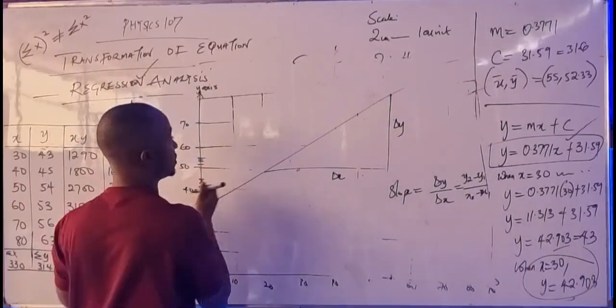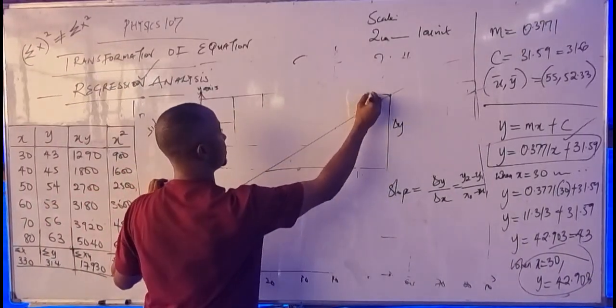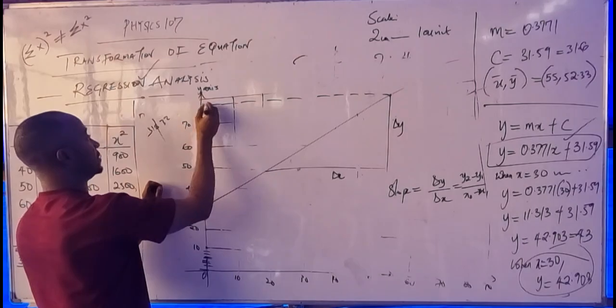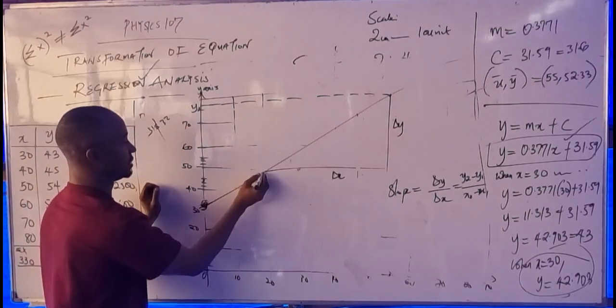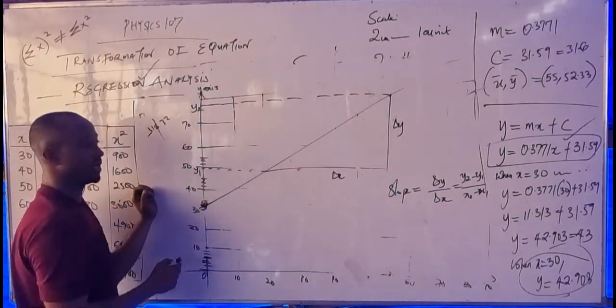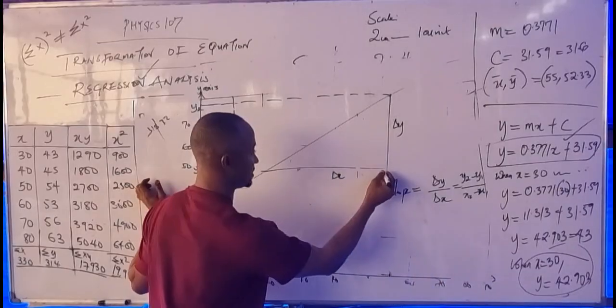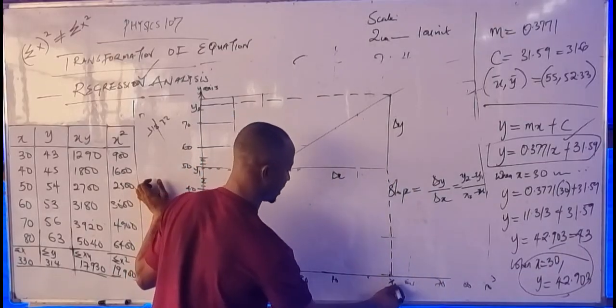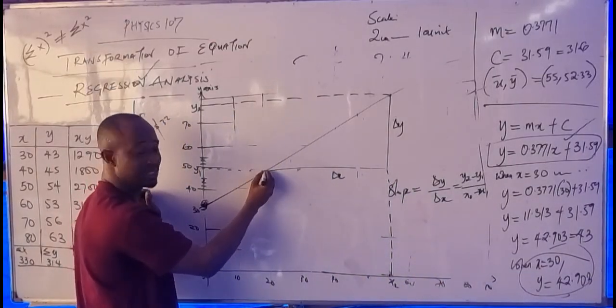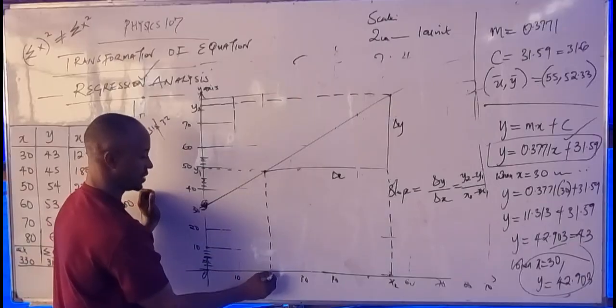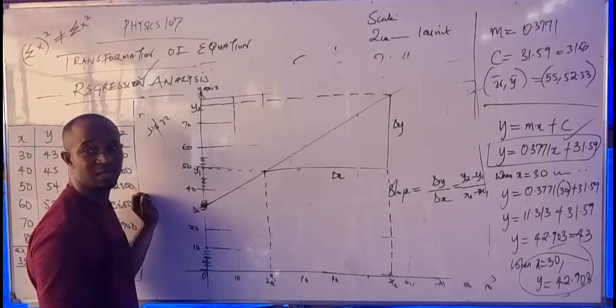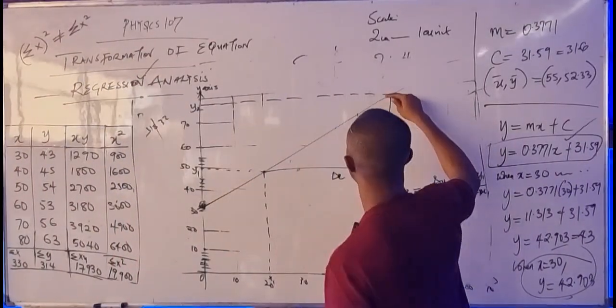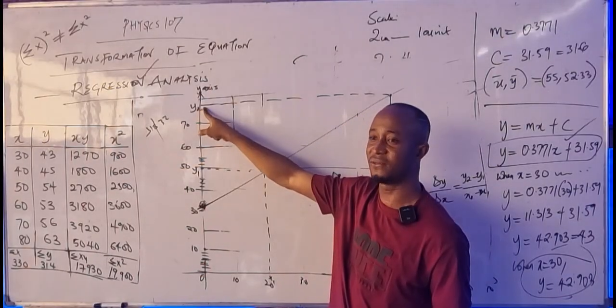This is your Y2, and this is Y1. Then on your X axis, this is your X2, and where this line intersects here is your X1. Get the value for me. What do you have there?